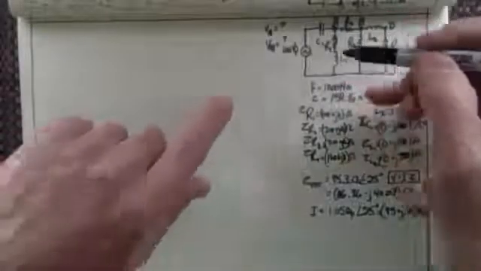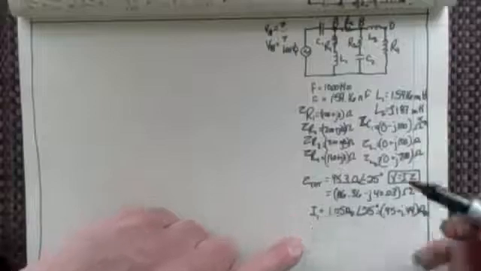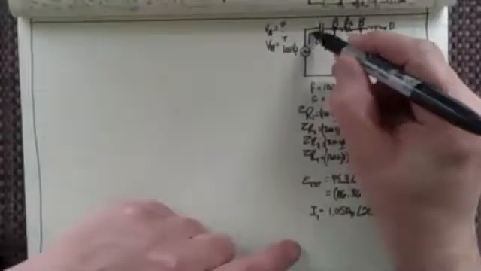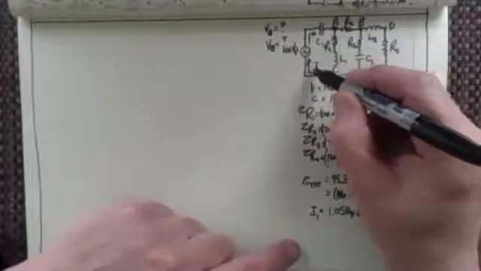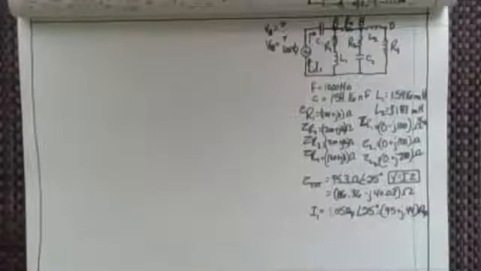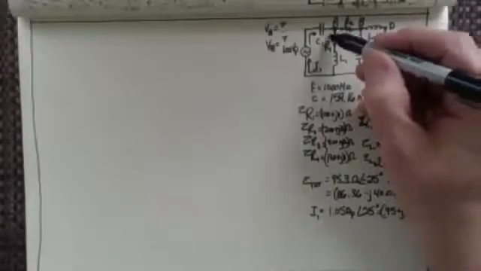But we know what I is, and I'm going to call that I1, or I total, if you want to think of it in that regard, is the stuff that's flowing into the source and the stuff that's flowing out of the source. So that'll be I1. The next thing we've got to figure out is what is the current that's going through here?